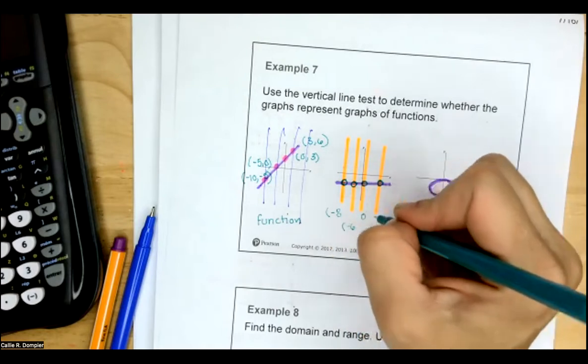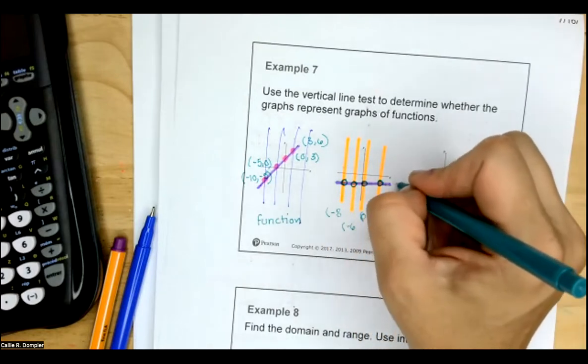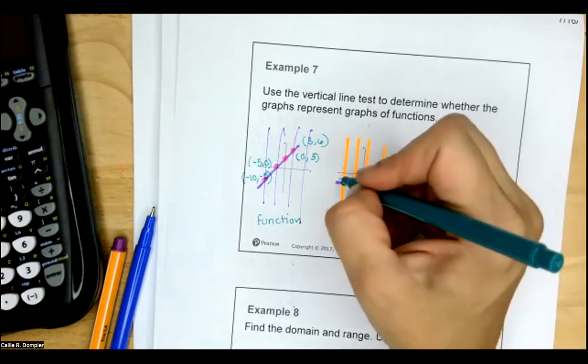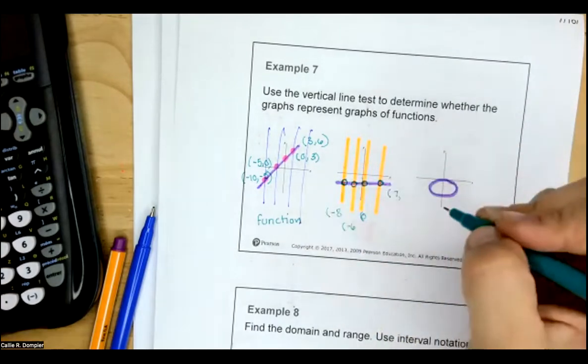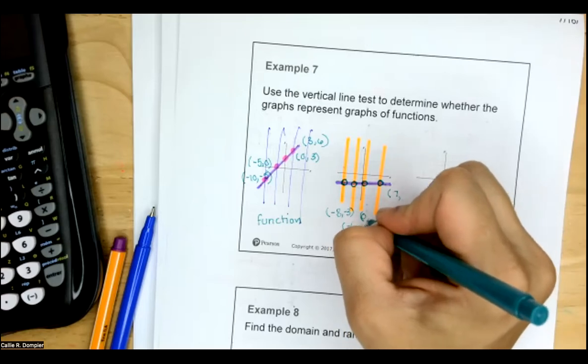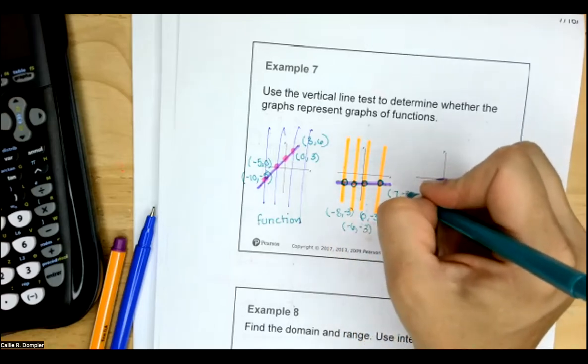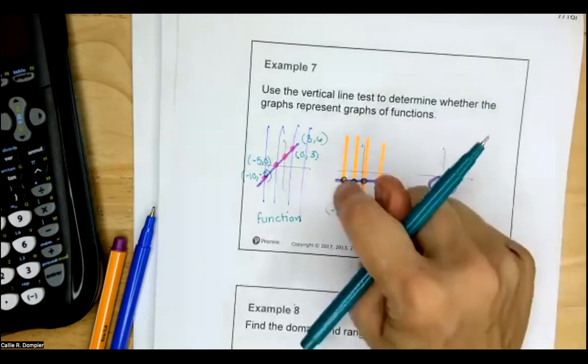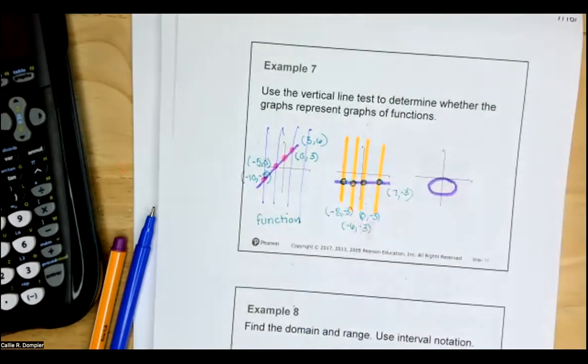Here x is 0 again. Here x is 7. And in each of these, I guess y is, looks like -3. So -8, -3, -6, -3, 0, -3, 7, -3. So it's okay for the y's to be the same, but you should only have one x.